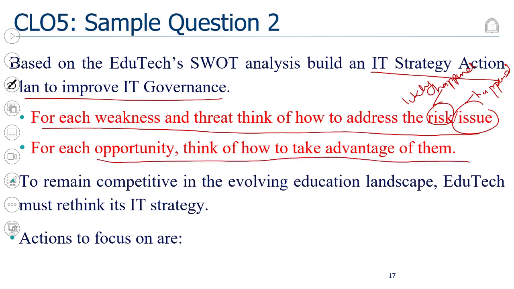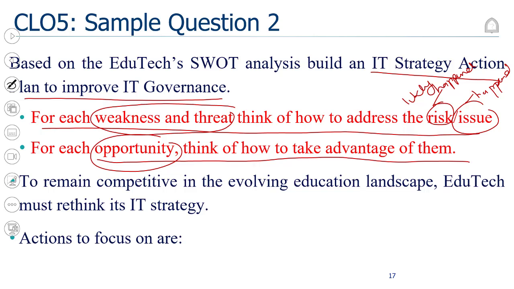So your action plan will always concentrate on your threats, risks and opportunities. Strength is already strength, so you are not concerned about it. It's your advantage. But look for your weaknesses and your opportunities, and then think of how you can address them.